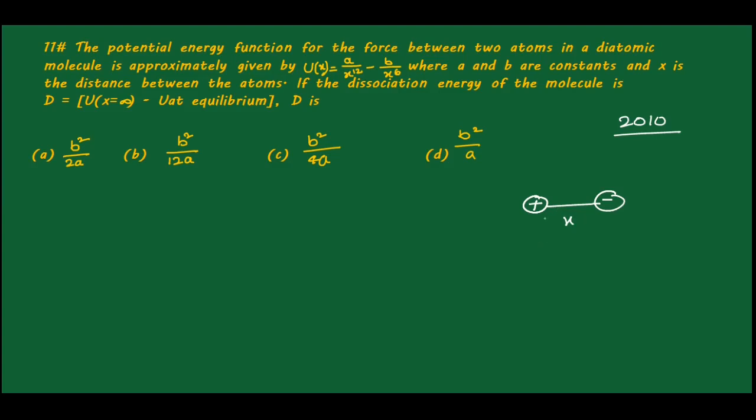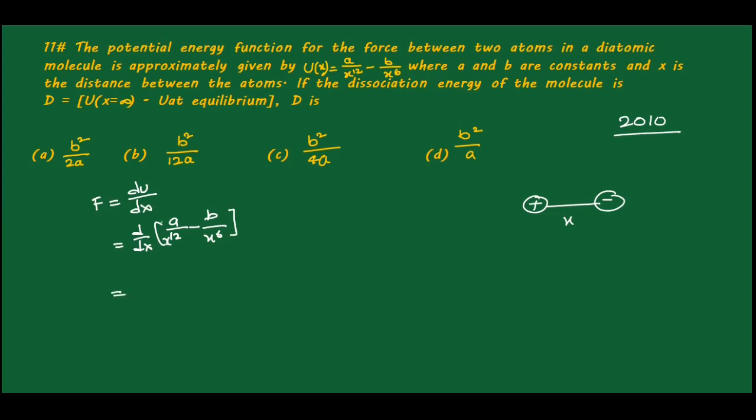Now we already know the relation between force and potential energy, that is F = -dU/dx. Let us simplify this. Take the U value here and differentiate with respect to x, where U is a/x^12 minus b/x^6.